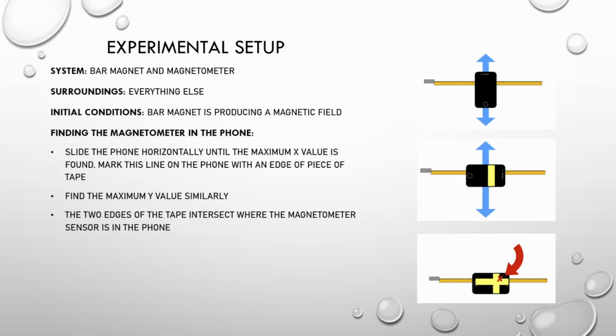We find the magnetometer in the phone by using this yardstick and sliding it back and forth until we find some place on the phone where the X value is maximized, and then we do the same thing for the Y value. Using pieces of tape, we can find the intersection point of where the X is maxed and the Y is maxed, and that has to be where the magnetometer is.